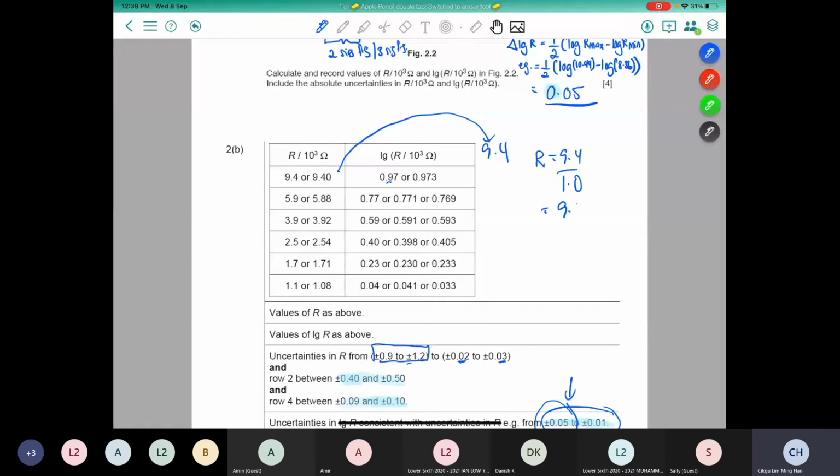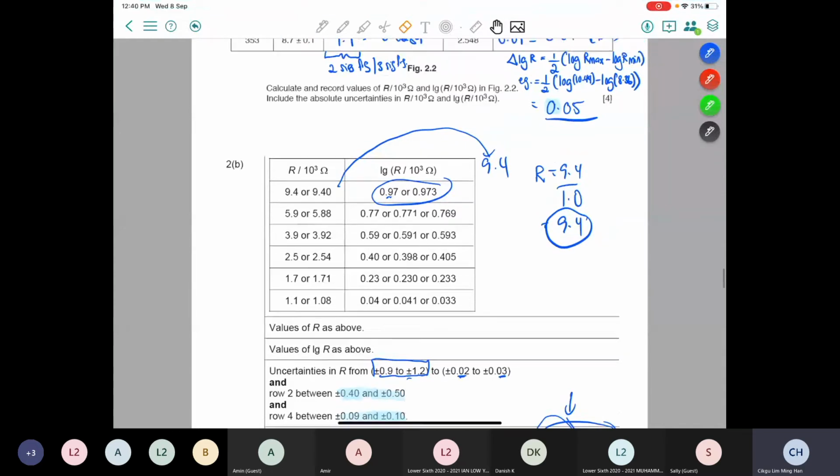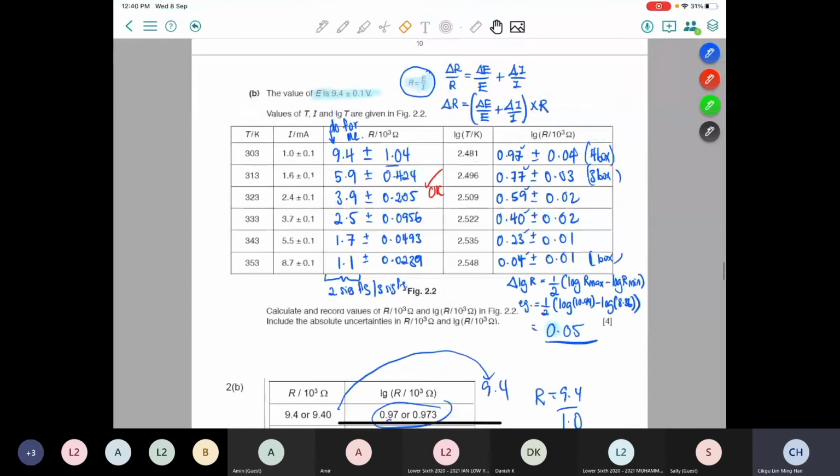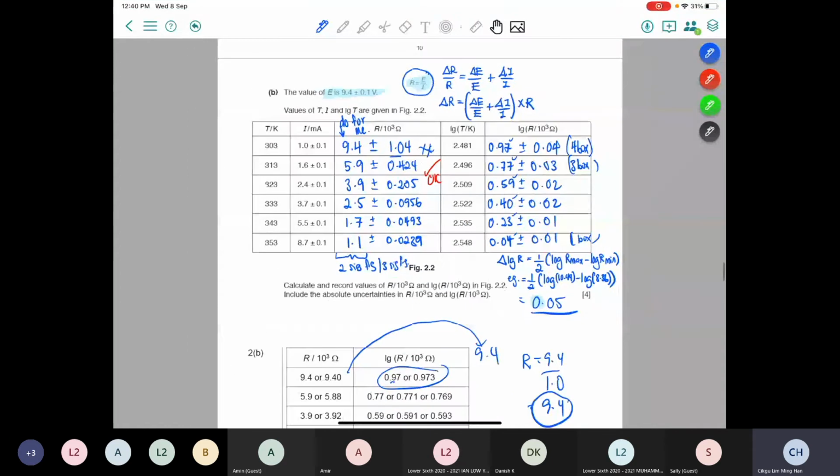So it's already 9.4. But then, you get the log R. The log of 9.4 is 0.97. Oh, sorry, I mean this one. Ignore me then.